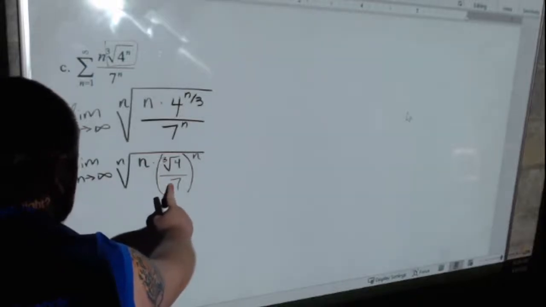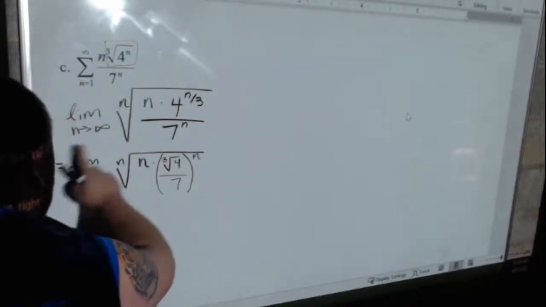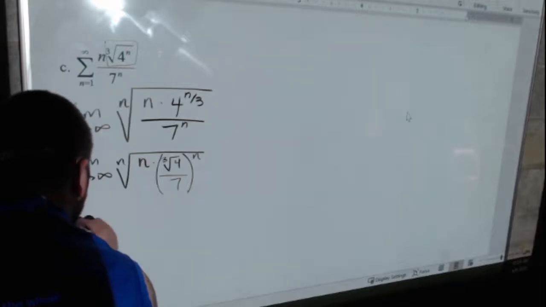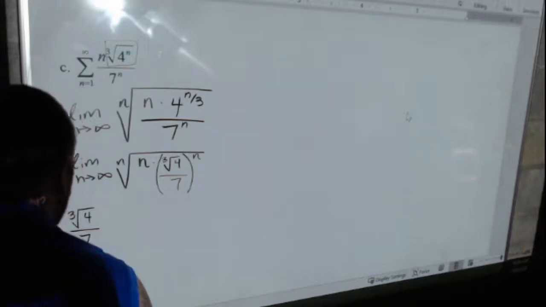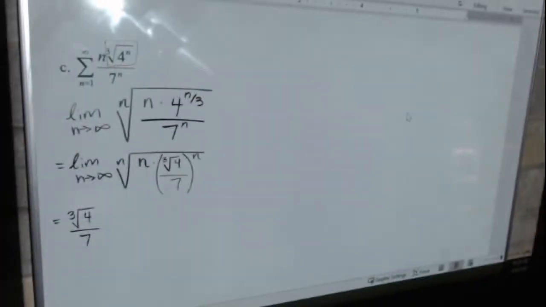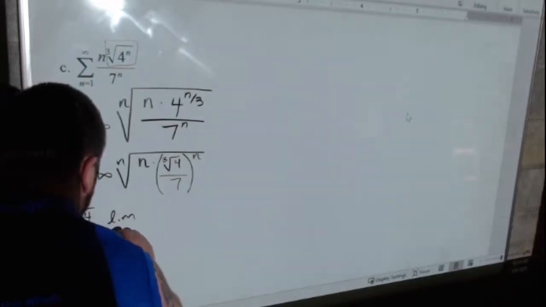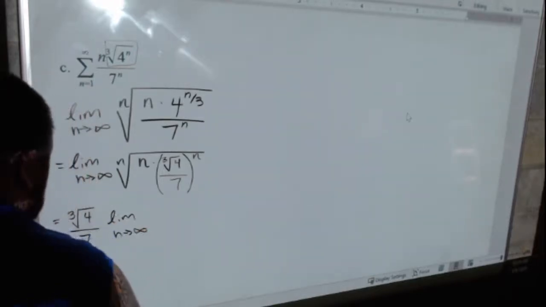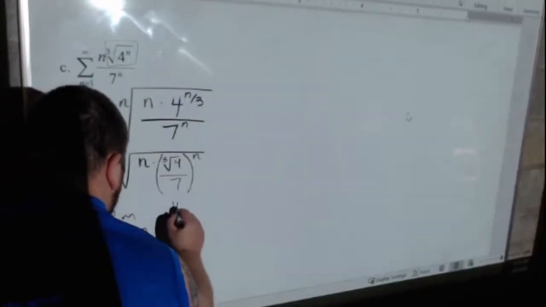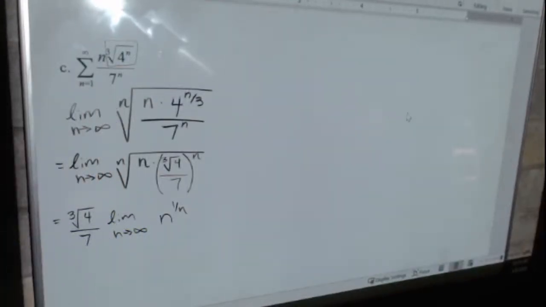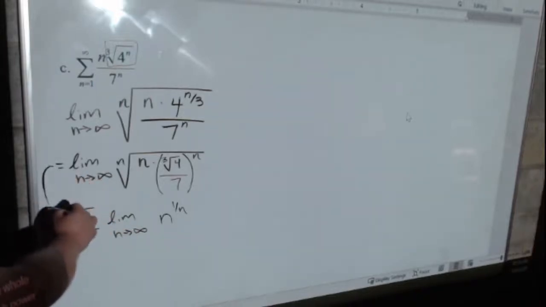And this is just a constant which can be pulled out in front. So I pull that out. Then I've got the limit as n approaches infinity of n to the 1 over n, right? That's the same thing as the nth root. Any questions from how I got from here to here?